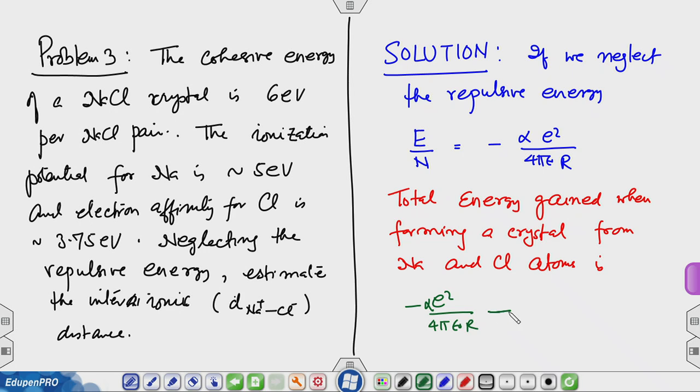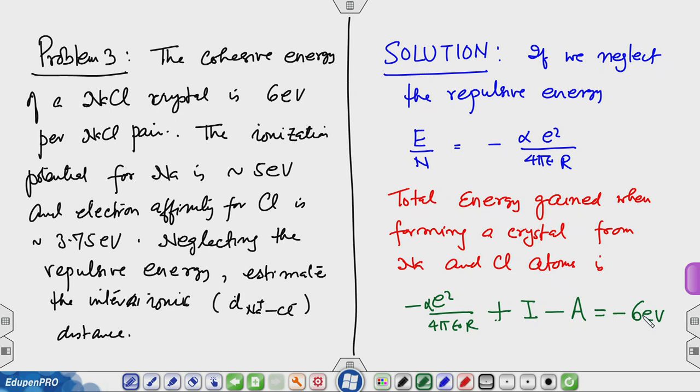Then I had to give in I, the ionization potential energy, to ionize sodium, and I gained the electron affinity energy when I made the Cl minus ion, because when that electron goes in there, it releases energy, and that is known as electron affinity. The cohesive energy is given to be minus 6 electron volts.